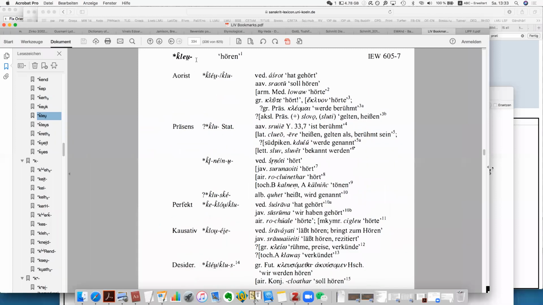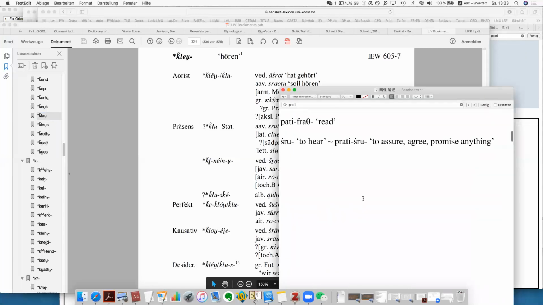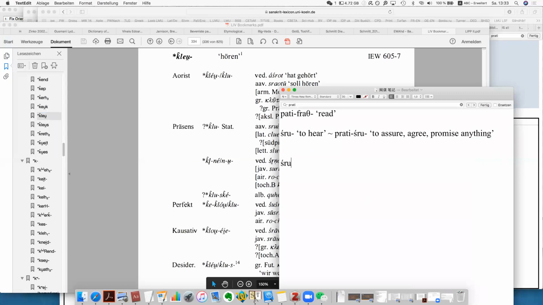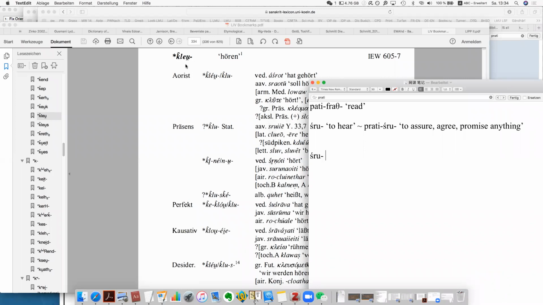So let's check this root. This is Sanskrit śru, right? And Sanskrit śru actually goes back to the Proto-Indo-European root, this comes from, wait a minute.